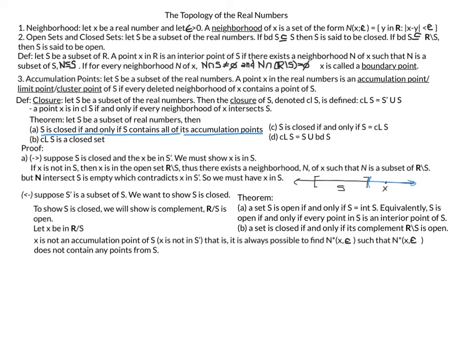We will then use that epsilon to make our deleted neighborhood, and we'll see that deleted neighborhood will not contain any points from S. This implies that X is an interior point by definition of interior point, and then by this theorem that says a set is open if it's equal to its interior, since X is any point in R relative complement of S, that means R relative complement of S is open.